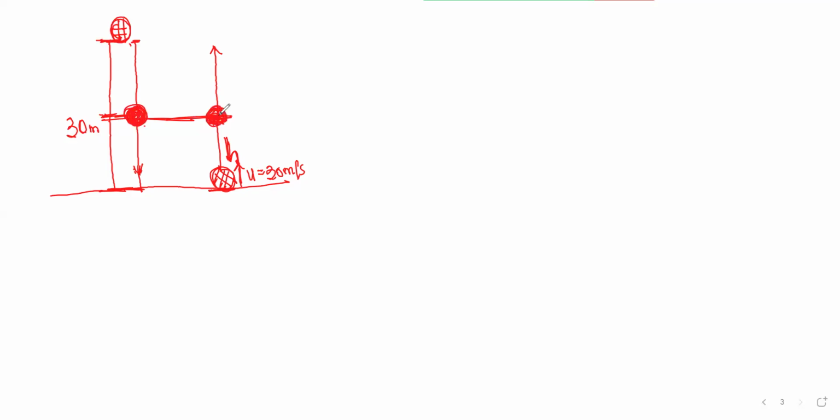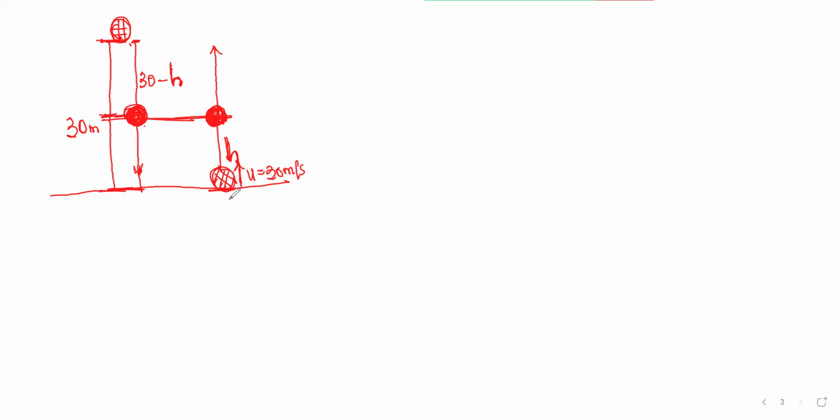The second one is meeting the first one at a vertical height of h from the ground. Then by then the first one will travel 30 minus h. Where it is to the ground is 30 meters.